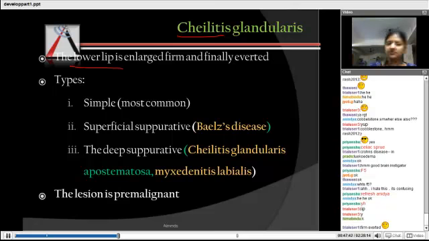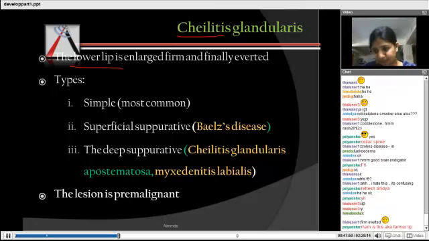Then there is a classification of glandularis where you have three types. This classification and the other names of this classification is important. Farmer's lip, I don't think so.